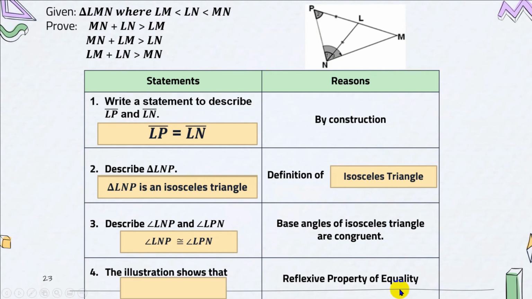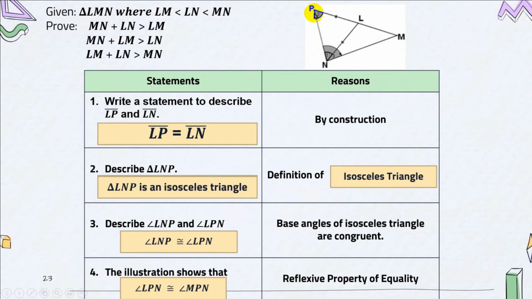And by the reflexive property, if you notice, our bigger triangle MPN has angle P, and the smaller triangle LPN has the same angle P. So angle LPN is congruent to angle MPN by the reflexive property. It's the same P being referred to. Now, what's next?